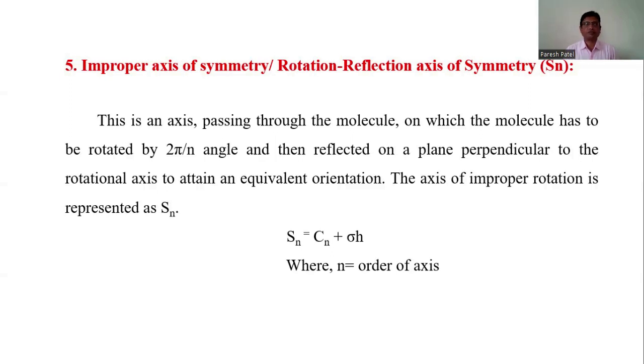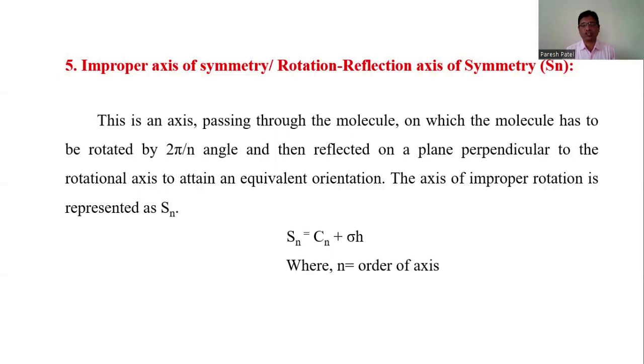Repeat again. This is the imaginary axis, and with the help of this imaginary axis, if we rotate the molecule around theta and reflect through the horizontal plane of symmetry to get the equivalent orientation position, this type of symmetry can be recognized as rotational reflection axis of symmetry or improper axis of symmetry. This can be designated by Snk.